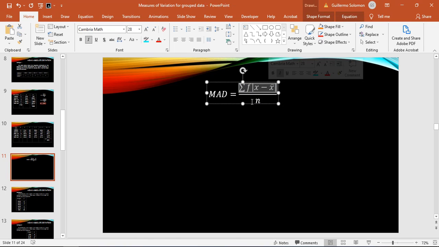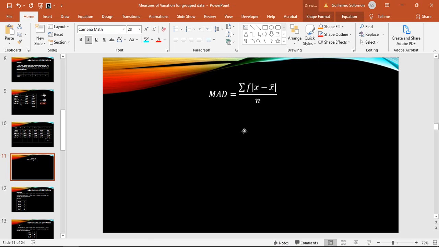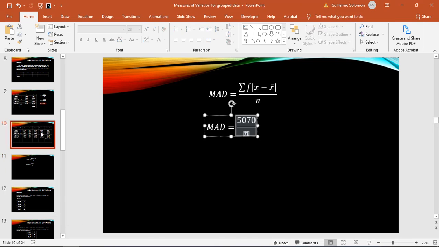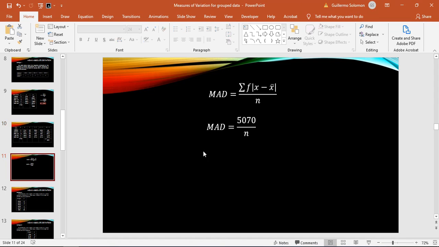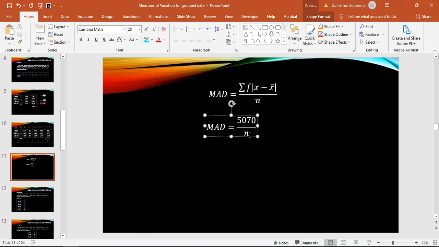So, yung summation yan, substitute lang natin yon sa numerator niya na that is 5,070 all over, ano yung n natin kanina? Yung n natin here dito is n is equal to 40. Okay? N is equal to 40.